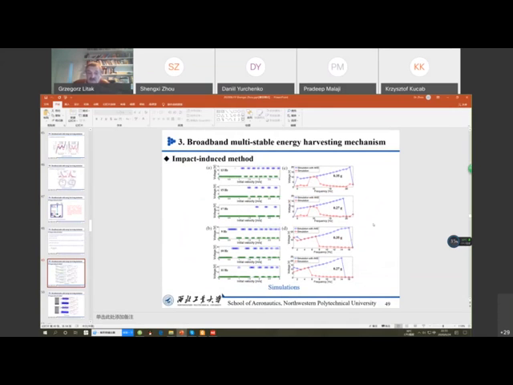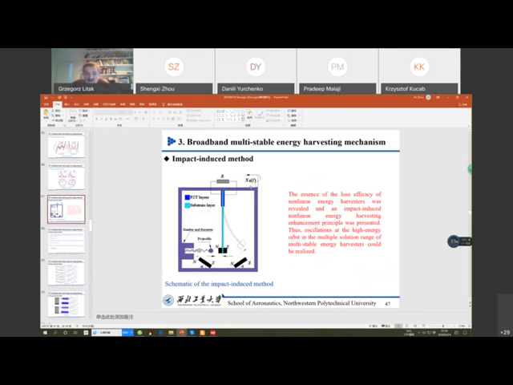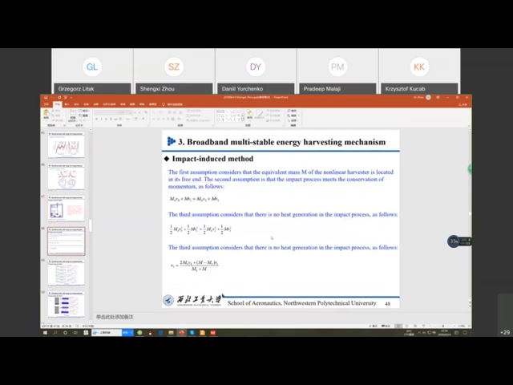Yeah, so this is a very good question. Thanks, Professor Leitig. It is sometimes very difficult to identify the solution for the impact. I made a very preliminary investigation of the impact-induced method, and the assumptions are very simple.